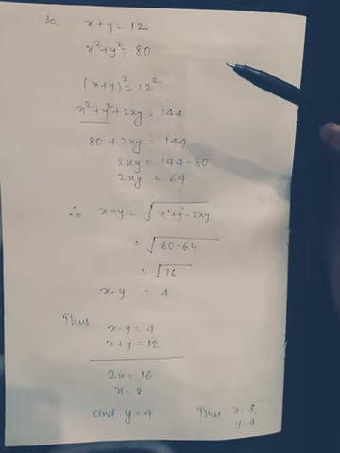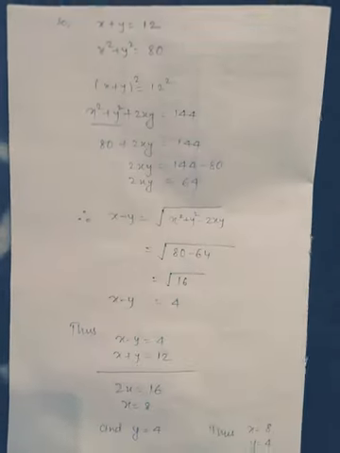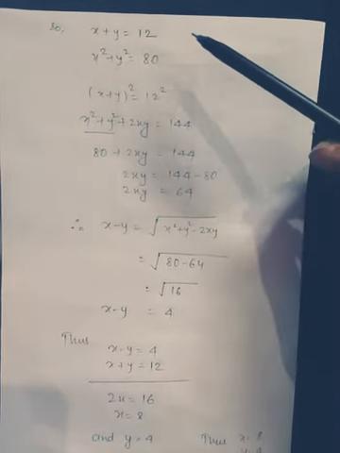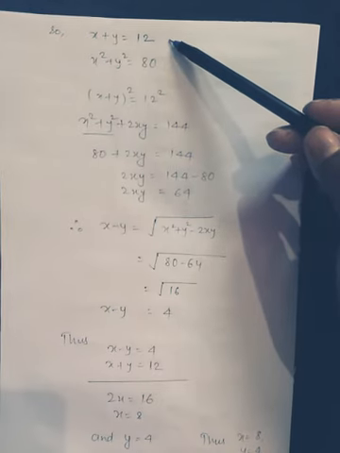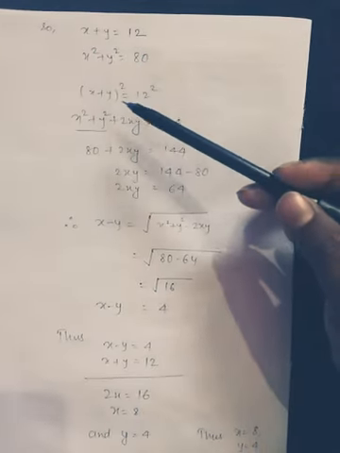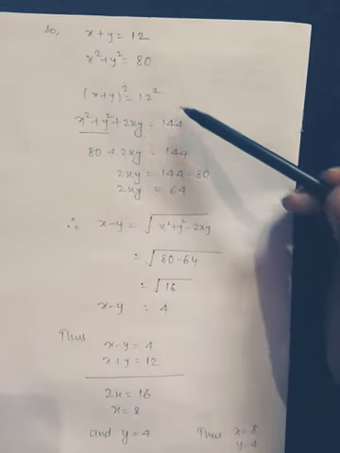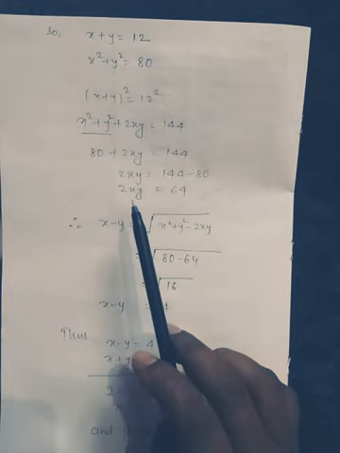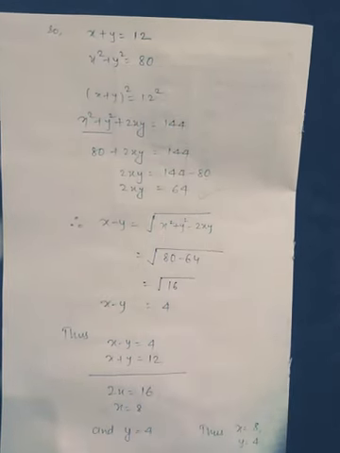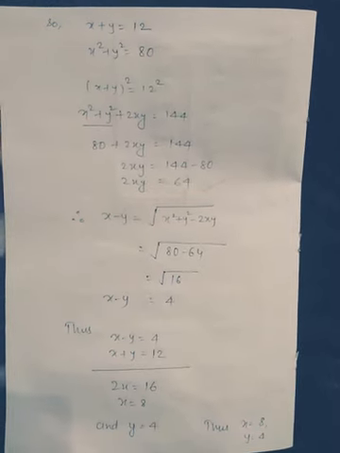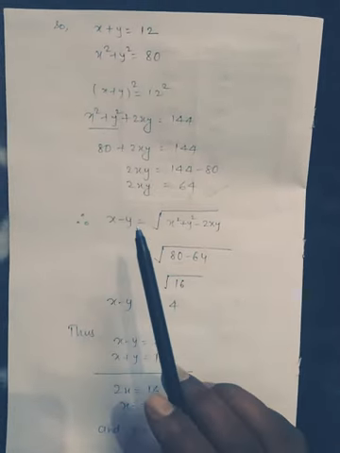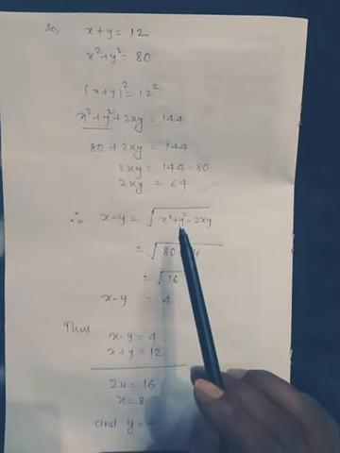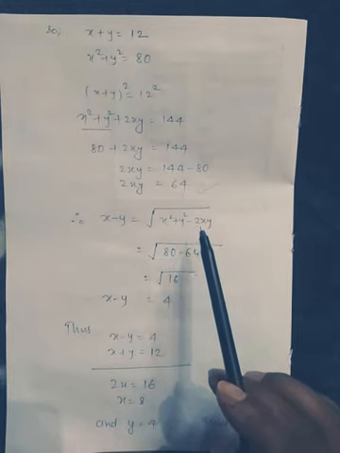So we need to find x and y. We have these two equations. Now squaring both sides of this equation, we get x plus y whole square is equal to 12 square. After simplifying, we get 2xy is equal to 64. With this help, we create a formula: x minus y whole square equals x square plus y square minus 2xy.